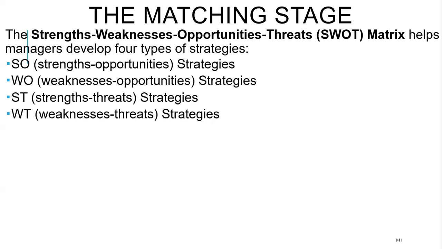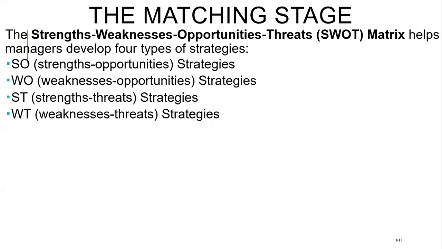So let's take them in turns. When an organization is pursuing the strengths opportunity strategy, their cardinal objective will be to use their internal strengths to take advantage of their external opportunities. The logic behind it is simple.